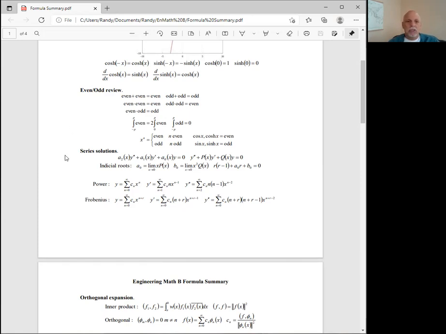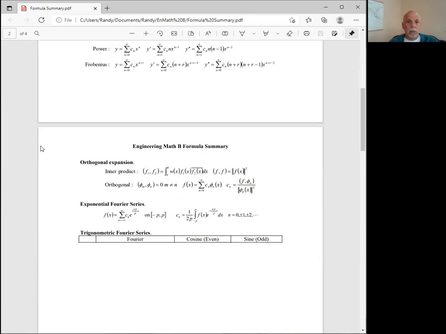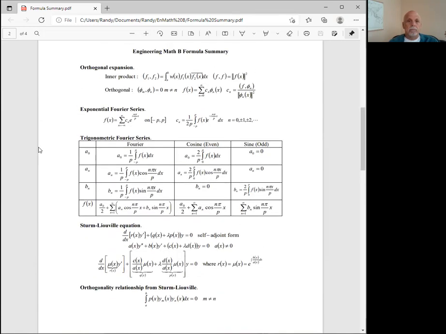Back when we did series solutions at the beginning of this course in Math B, Engineering Math B, here were some key formulas for doing series solutions. Standard form, the indicial roots formulas, and what the power and Frobenius series are in their first 2. Key formulas for orthogonal expansion, inner product.